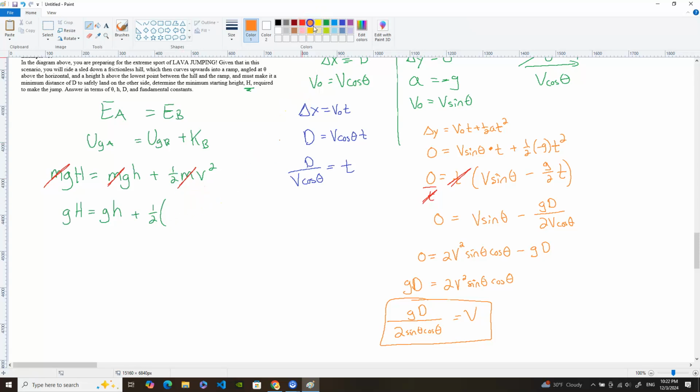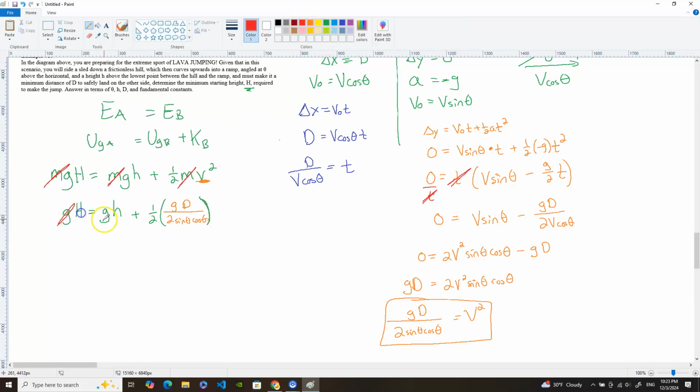So I made an oopsie here. This is v squared. I didn't take the square root, and I'm not going to. I don't need to, because v squared is right here. So I'm just going to leave it as v squared, which is g times d over 2 sine theta cosine theta. That makes life actually much easier.